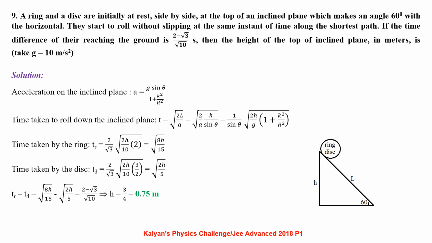And time taken by the disc t disc equal to 2 by root 3 times root of 2h by 10 times 3 by 2, that is root 2h by 5. T ring minus t disc equal to root 8h by 15 minus root 2h by 5, that is (2 minus root 3) by root 10. So h equal to 3 by 4, that is 0.75 meter.